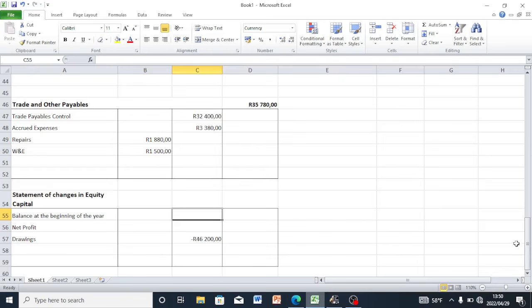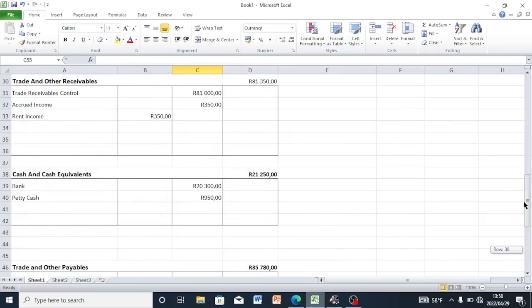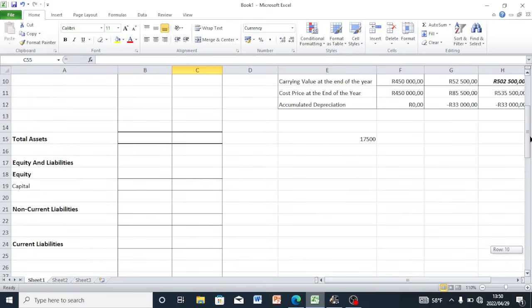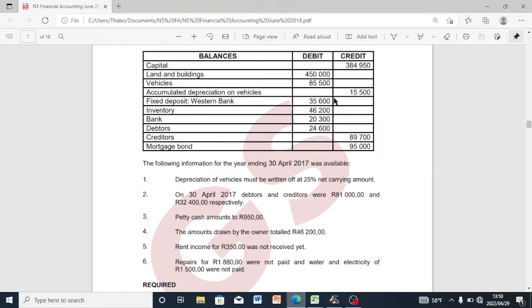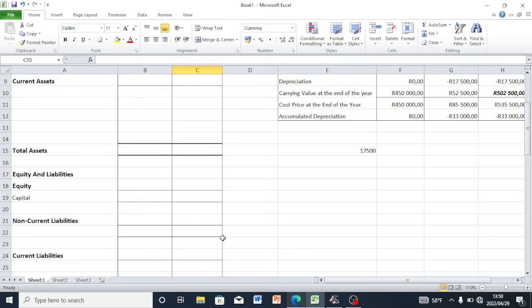So looking at our balance sheet, we are going to record everything regarding our balance sheet, and then this capital amount is going to be our balancing figure, meaning that we are going to get the balance at the end of the year. So the capital amount on our information is going to be our balance at the beginning of the year, which is 384,950.